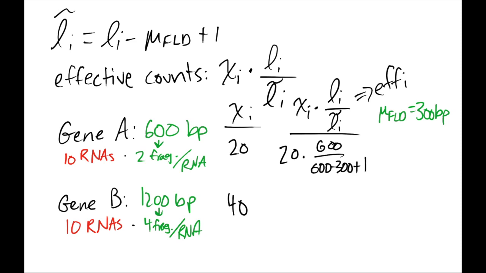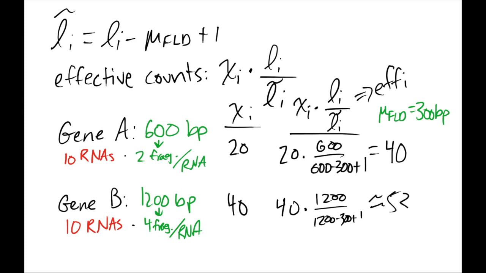This represents the effective length of gene A. 600 over approximately 300 is approximately 40. We do the same for gene B. 40 times 1200 over 1200 minus 300 plus 1 is approximately 53.